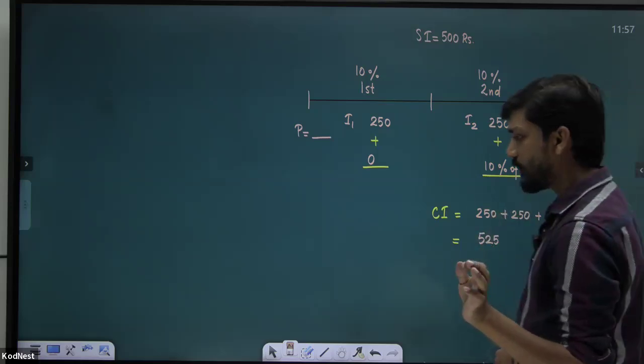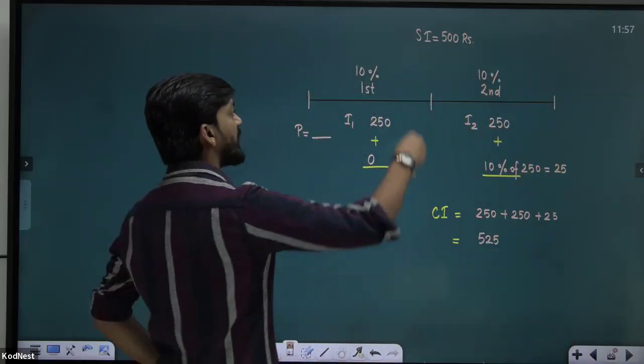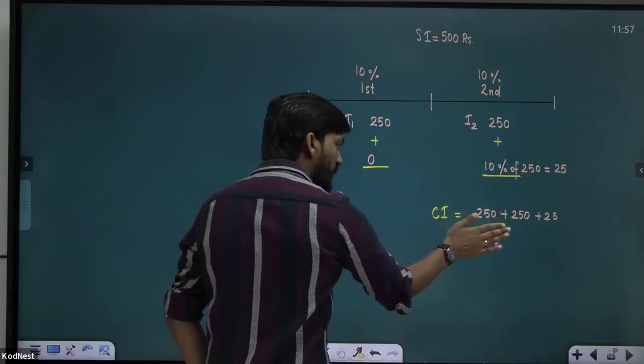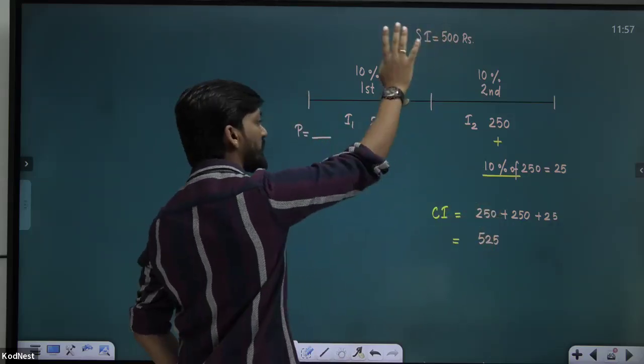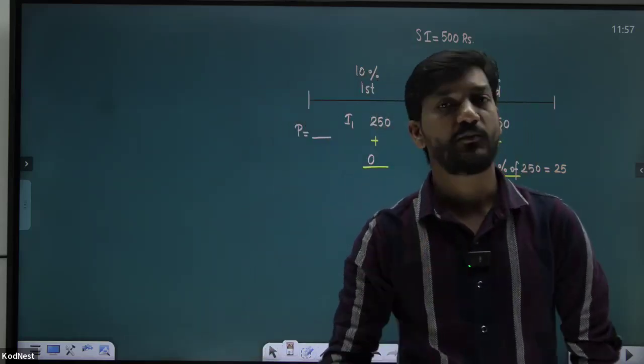All right, in all 3 questions we calculated compound interest when simple interest was given to us. My dear, going opposite is not even possible.